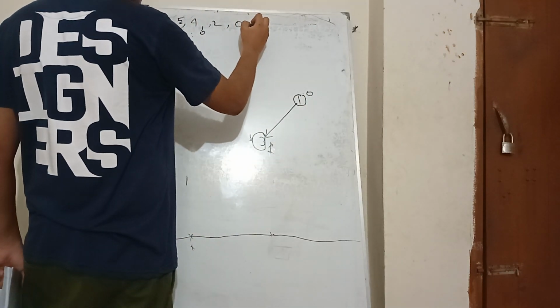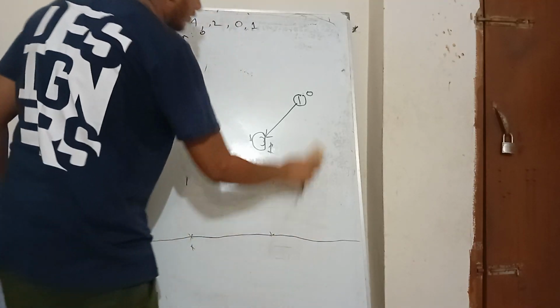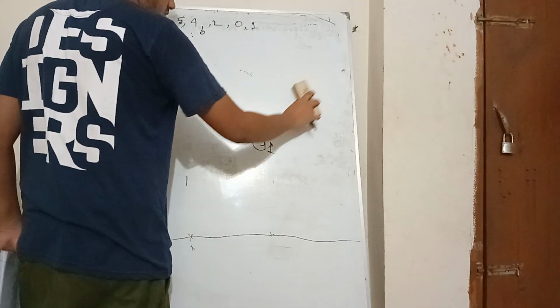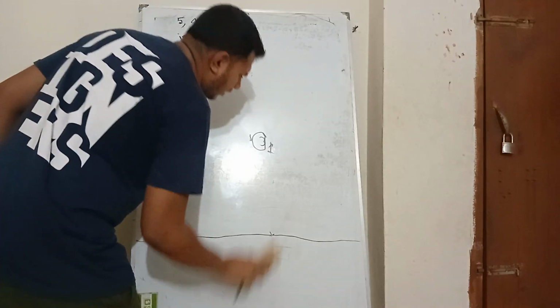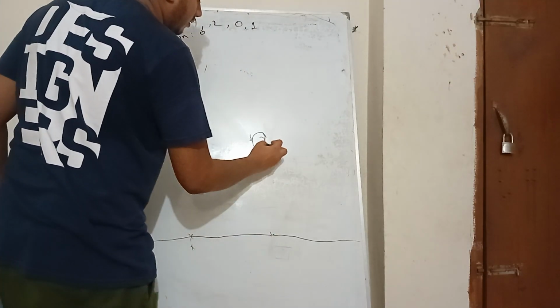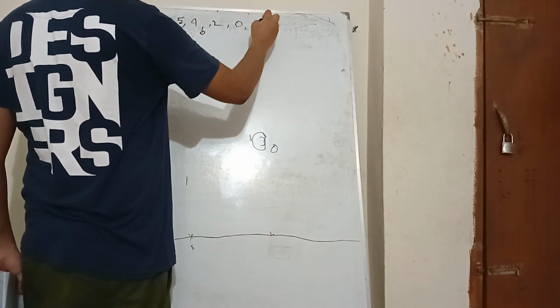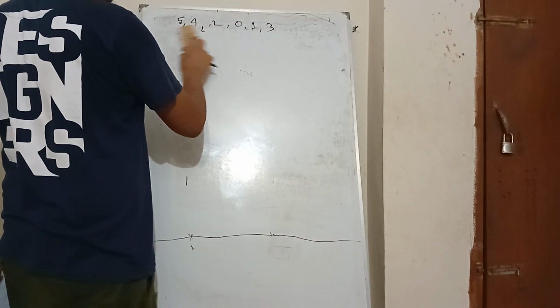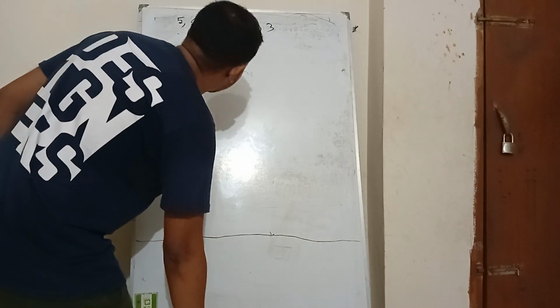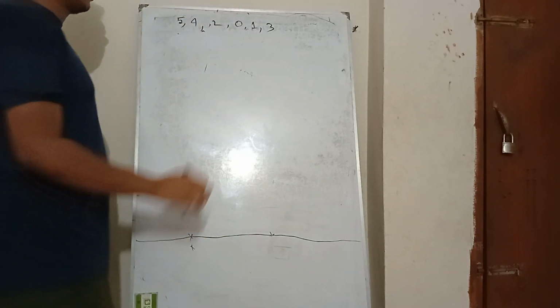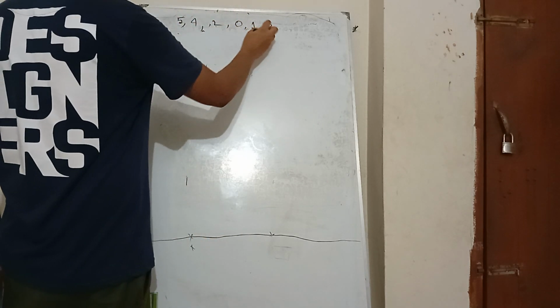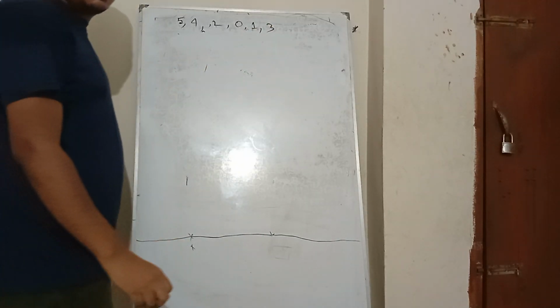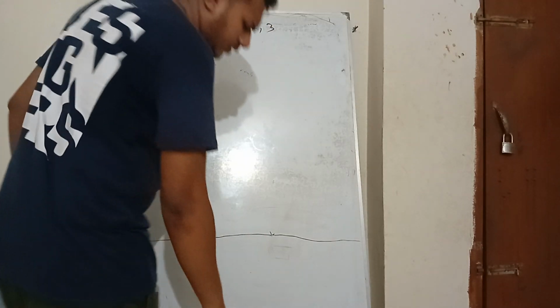Then 1, because it has in degree 0. Now 3 has in degree 0. Remove 3. This is our topological sort: 5 4 2 1 3. This is necessarily not unique.